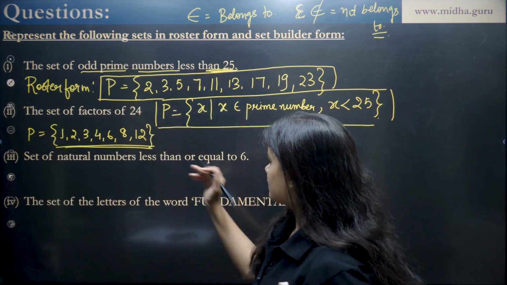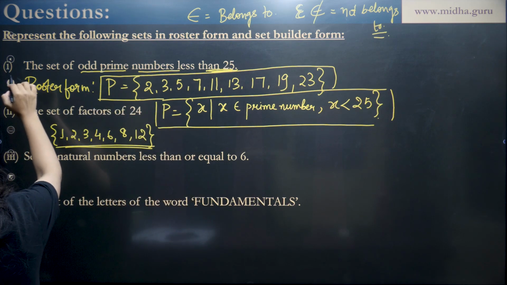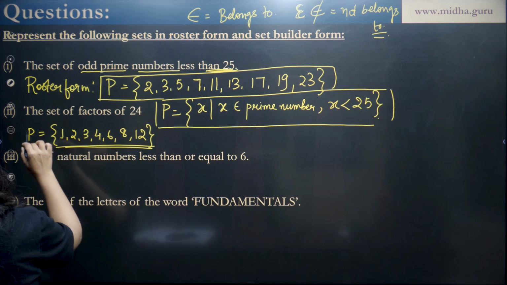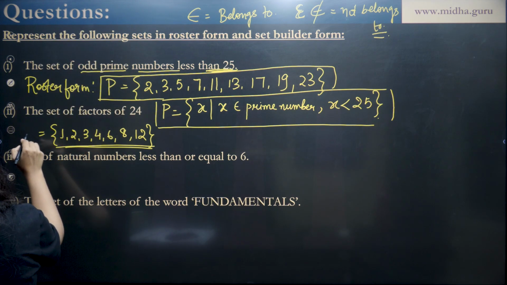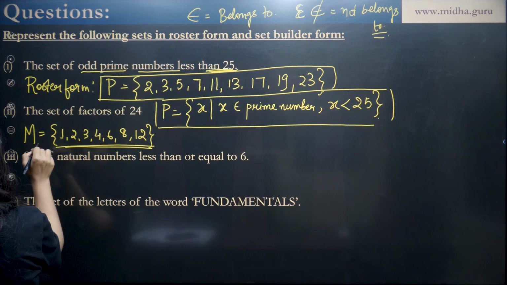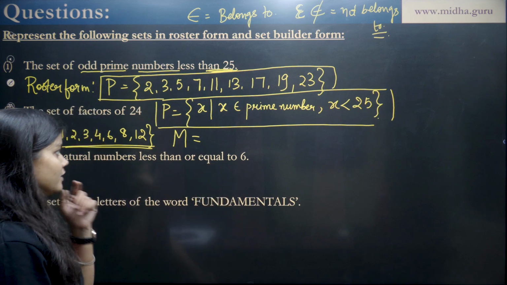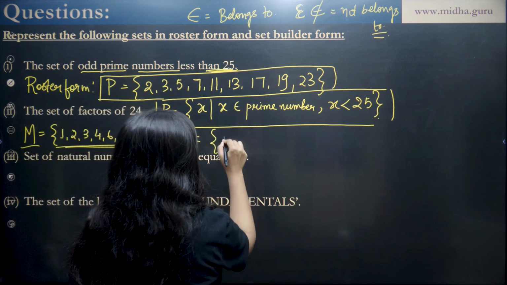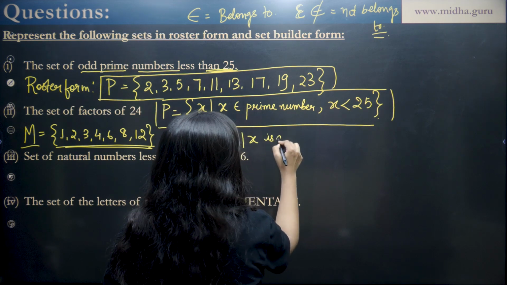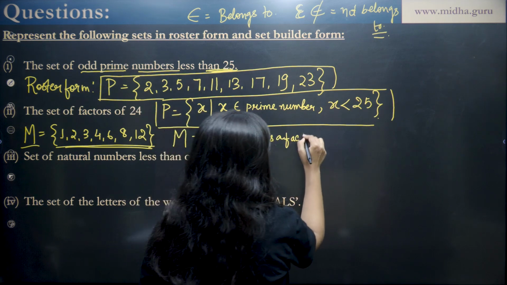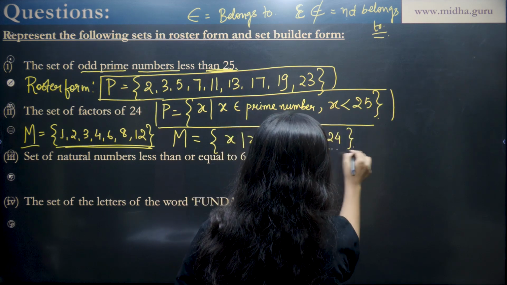Right. Now let's write it in set builder form. Let's take some other set, not P. Let's take M. Now writing it in set builder form, we can write M is x such that x is a factor of 24.